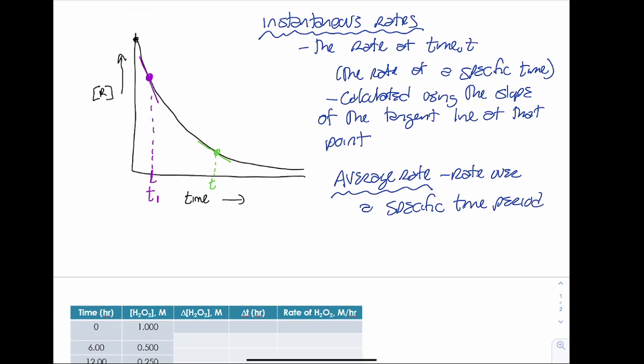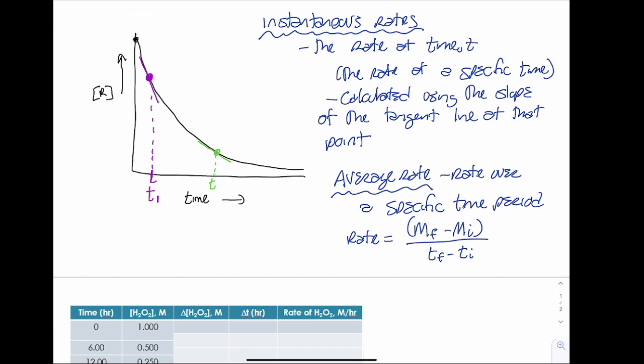So I would pick 2 points on that curve, and the rate over that time period is going to be my average rate. My rate is going to be, I'm just going to use m for molarity, my final molarity minus my initial molarity, divided by my final time minus my initial time. You would just pick 2 points.